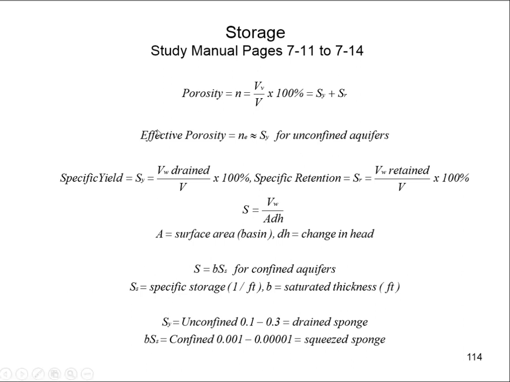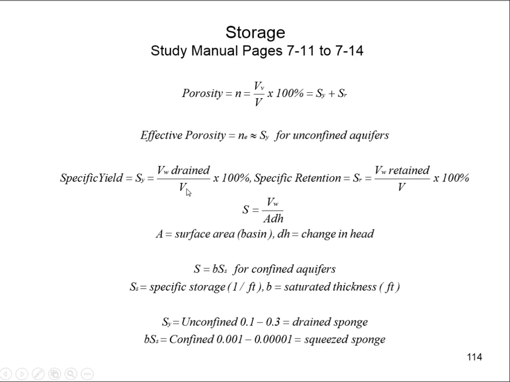And we say that the effective porosity is equivalent to the term of storage for unconfined aquifers, which is specific yield. And so looking at the porosity equation, it's the volume of water drained under gravity to the total volume.